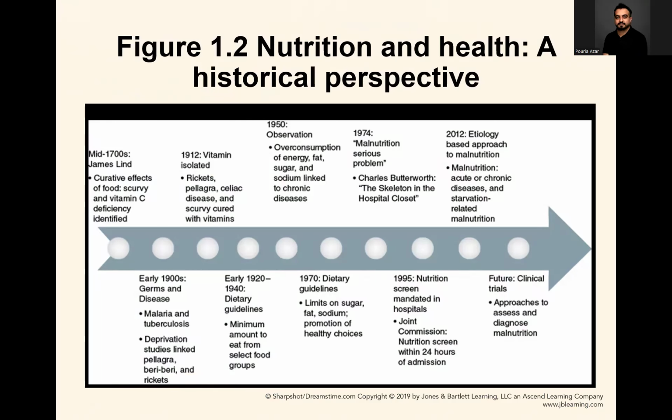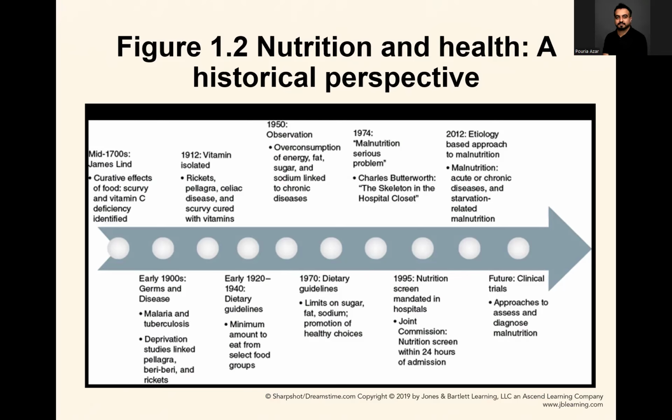This figure is from your textbook, and it depicts a historical perspective. Starting in the mid 1700s, James Lind was a researcher who found scurvy, which is a vitamin C deficiency disease. From the mid 1700s to 2012 and the future, it's an ongoing process.